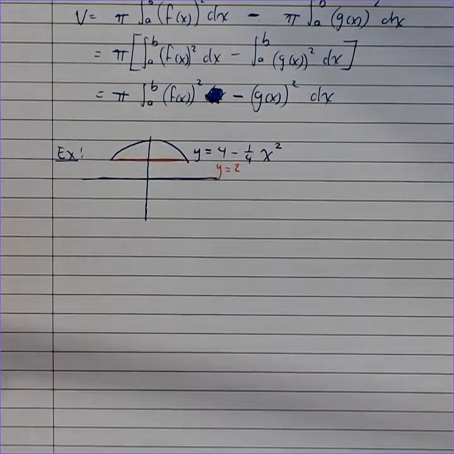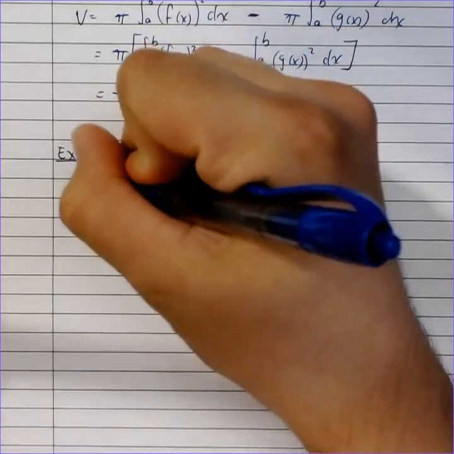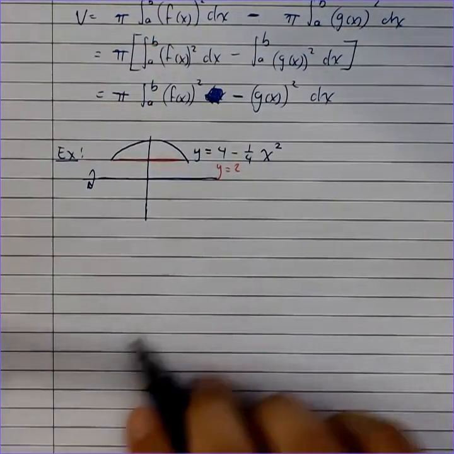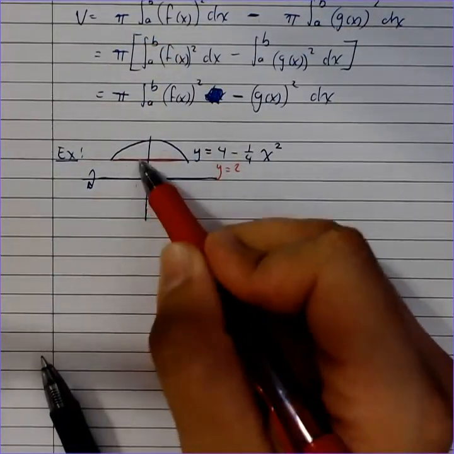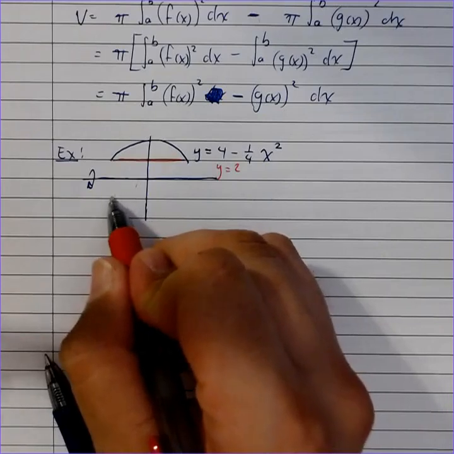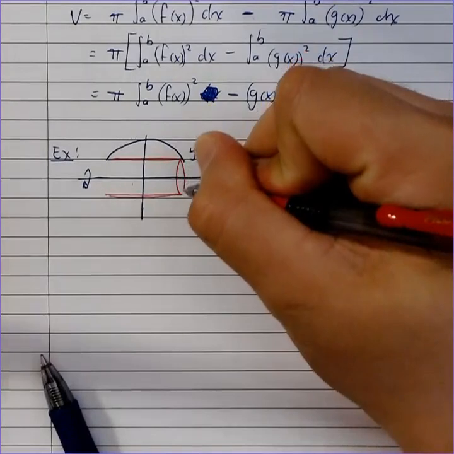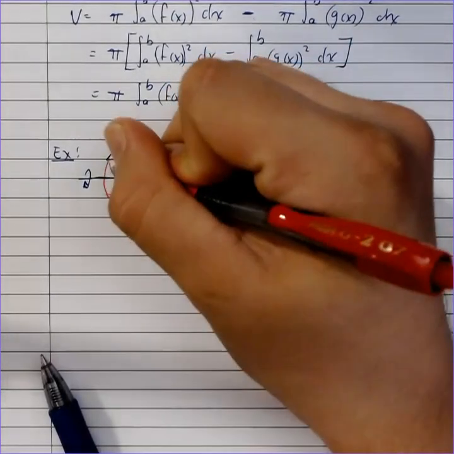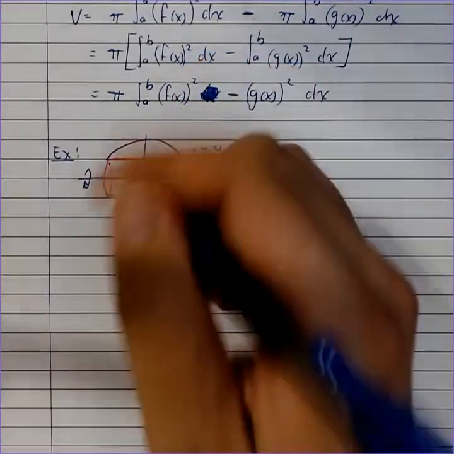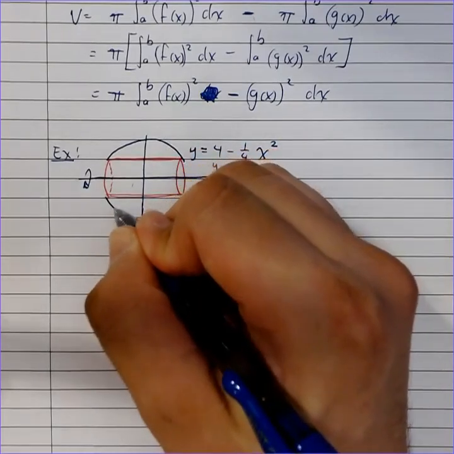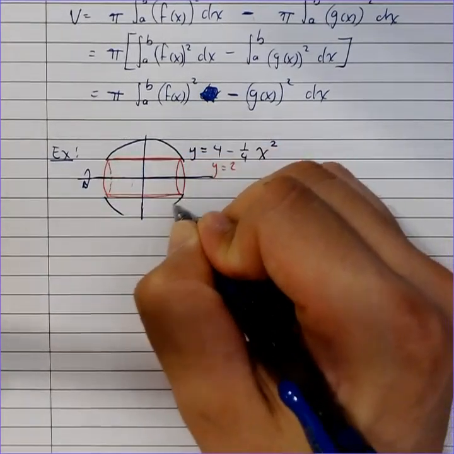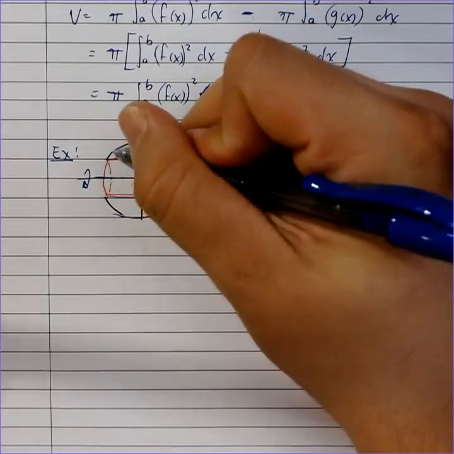And now I'm going to rotate all of that about the x-axis. So this line will revolve around, leaving us a hollow region inside of that space. And then this curve will also revolve around, leaving us the region inside of it.